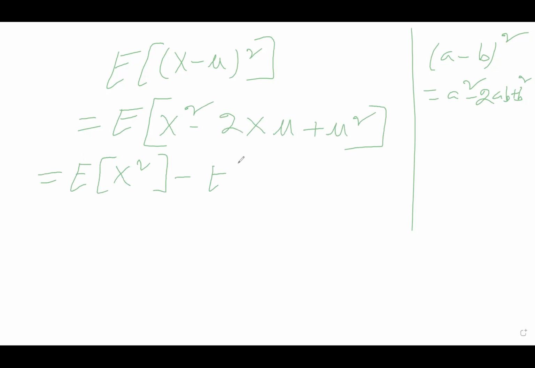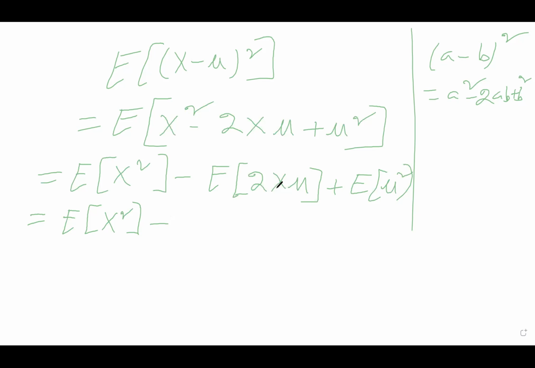So the expected value of x squared, which you keep as it is, minus the expected value of 2x mu, plus the expected value of mu squared. If you have numbers multiplied with a random variable and you want the expected value, you can just take out all the numbers except x.